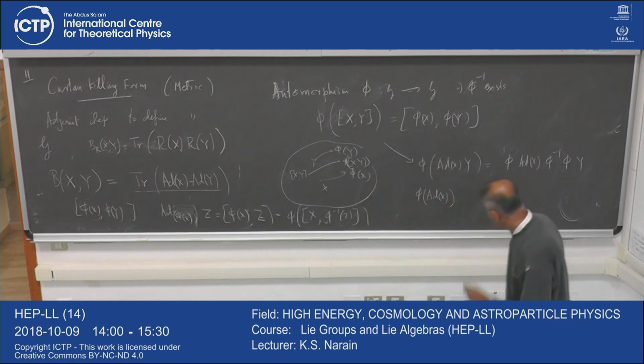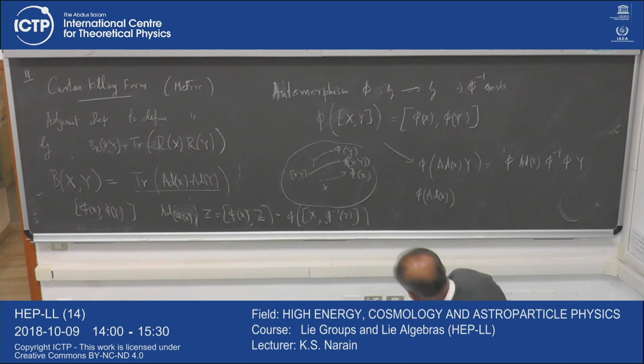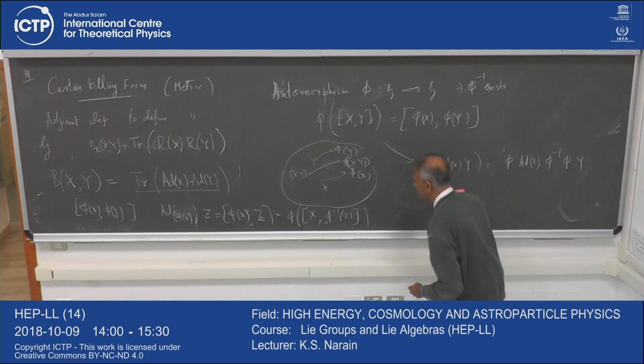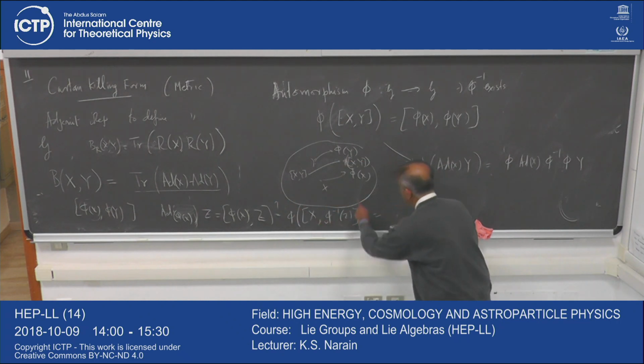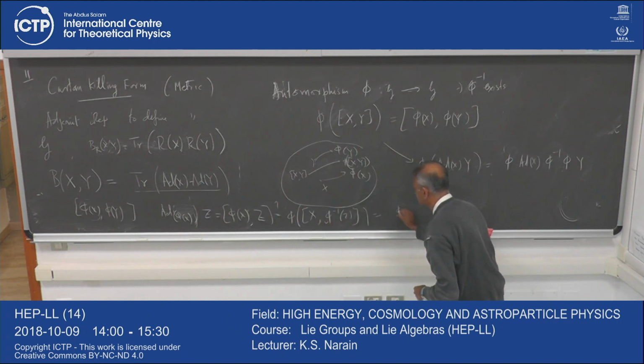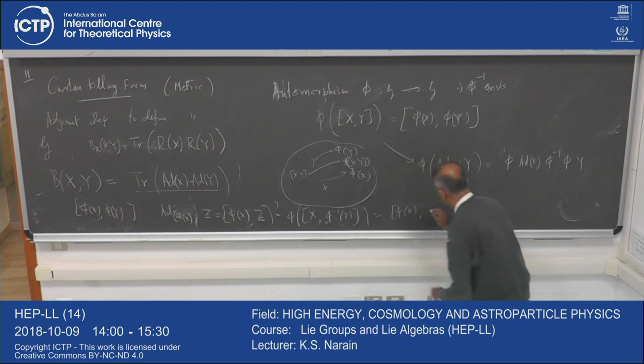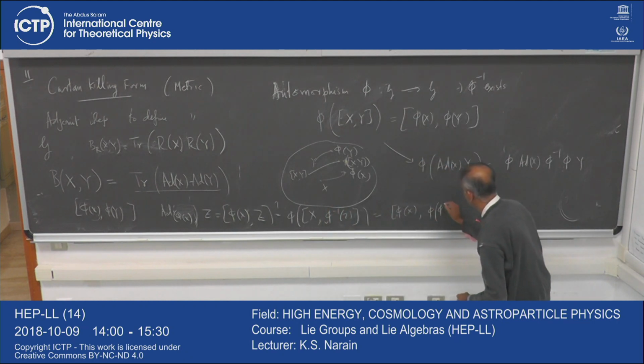Maybe I should repeat that again. So let's use this definition. Why is it so? Let's just check that. I'm just opening it up, using this property. So this is the same as phi of the commutator of x and phi inverse z, which is the commutator of phi of x with phi of phi inverse of z.